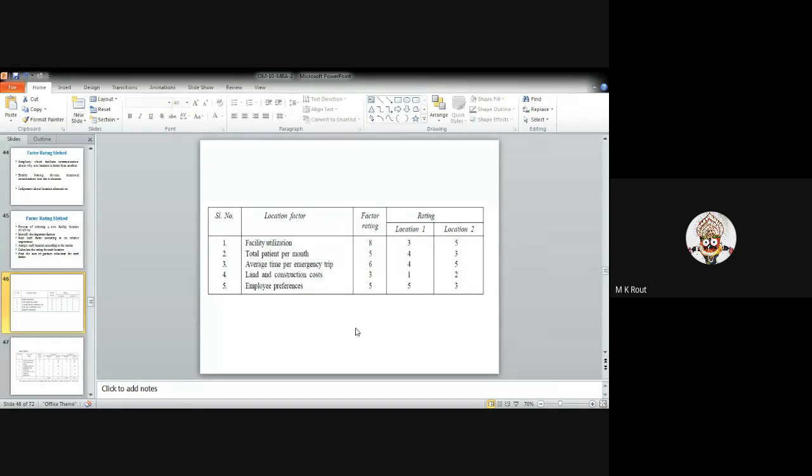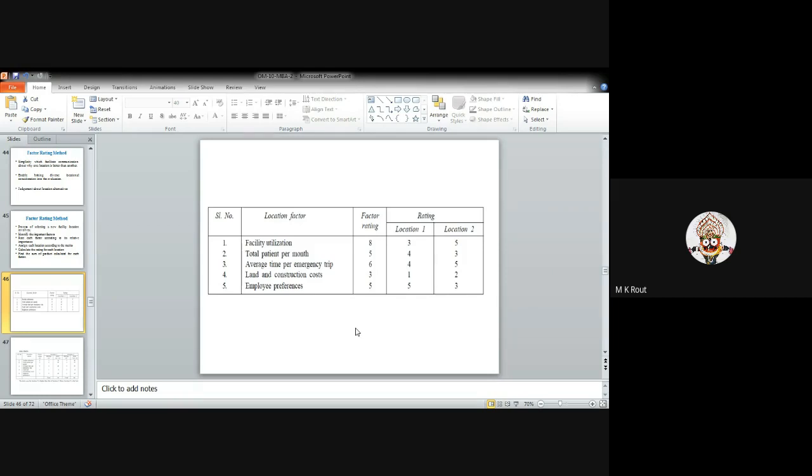The company chose two locations, location 1 and location 2, and suggested different factors. The first factor is facility utilization, then total patients per month, then average time per emergency trip, land and construction cost, and the last one is employee preference.